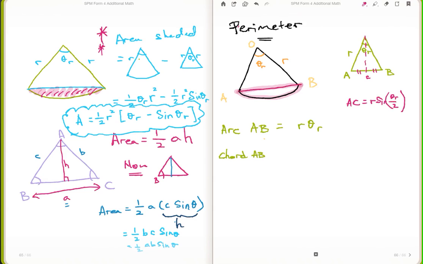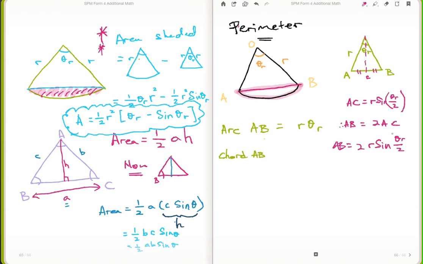It's half the angle. So therefore my AB will be equivalent to 2AC. Therefore my AB will be equal to 2r sine of the angle, theta by 2.